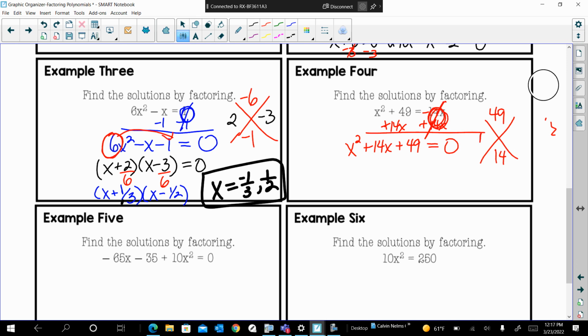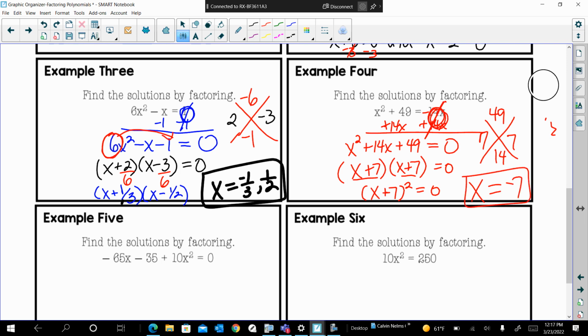Okay, so this becomes x plus 7, x plus 7 equals 0. But remember, anytime I see two factors that are the same, right? This is really just x plus 7 squared equal to 0. And our x would be just the opposite of this, okay, which would be -7.